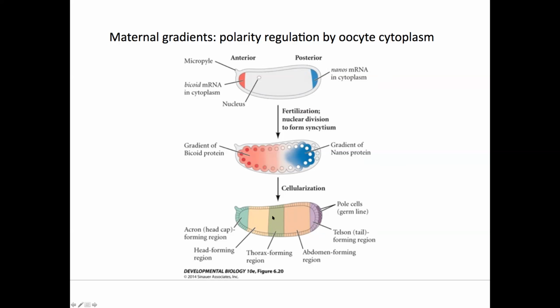So in the absence of hunchback or some gap gene, large structures of the head will be missing in the embryo. So this is why they are called gap genes. The gap genes will control formation of multiple segments in multiple regions of the embryo.